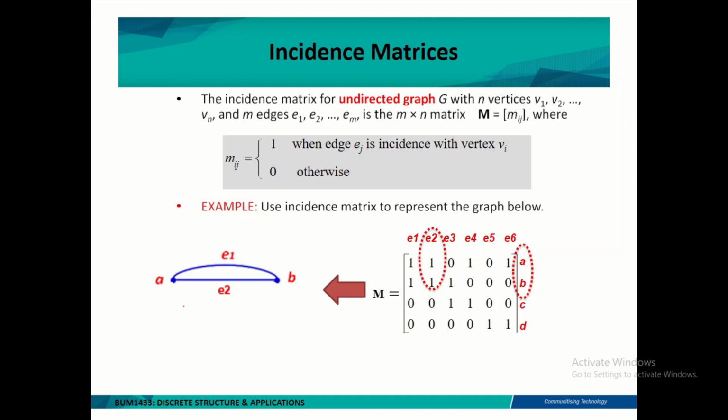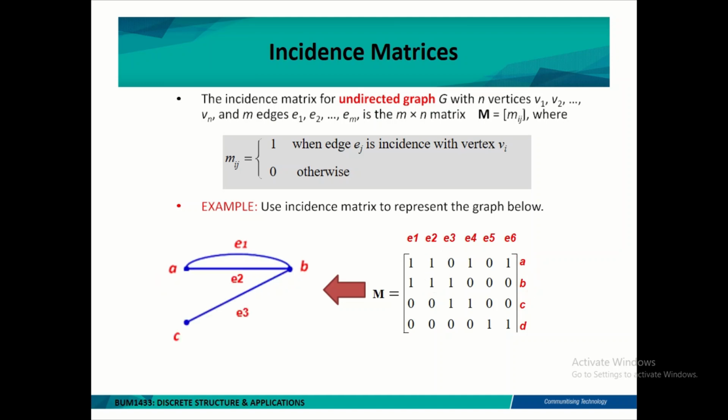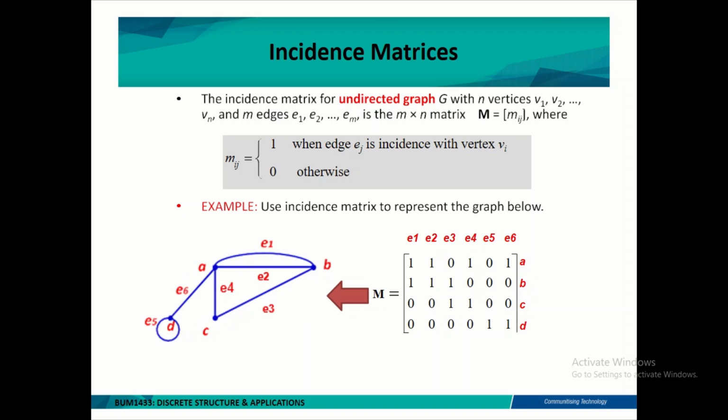So let's see E3. For E3 here we have point B and point C. That means E3 is connecting point B and point C. So we draw point B to point C. We have E3 there. So we continue the same steps until you get the final answer like this.